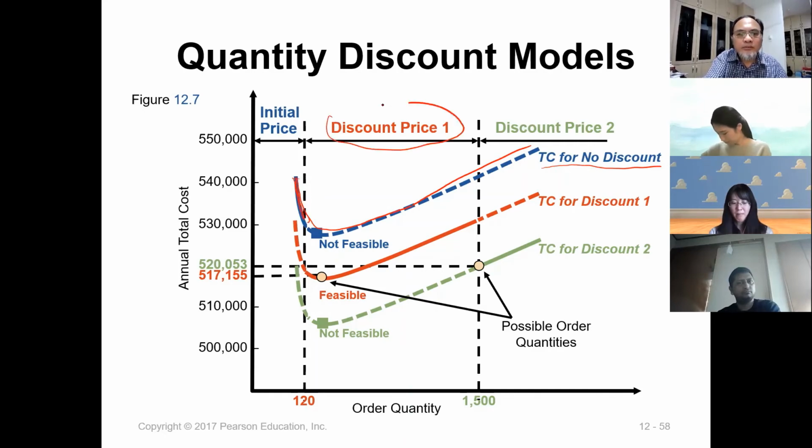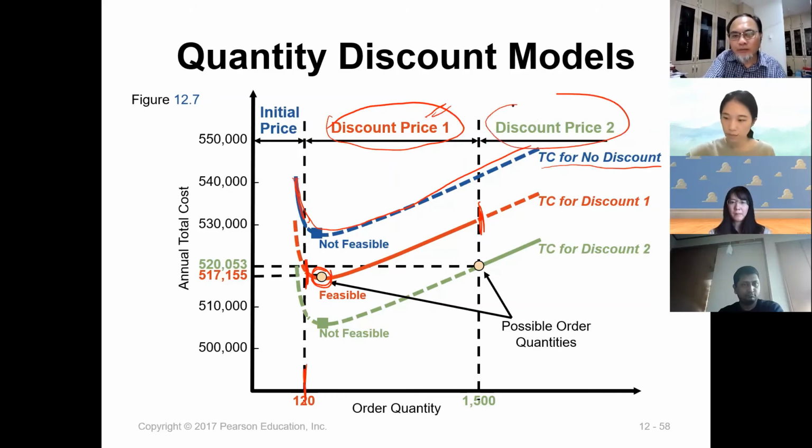This is when there is discount price number one, which runs from this point until this quantity. But the lowest Q star is here, Q star for the first discount, the first range. You also have the third range, or if you have a fourth or fifth range, it's okay, because it's going to be price breaks.